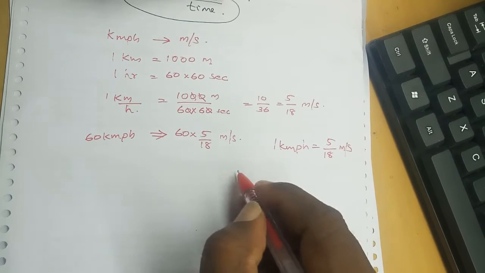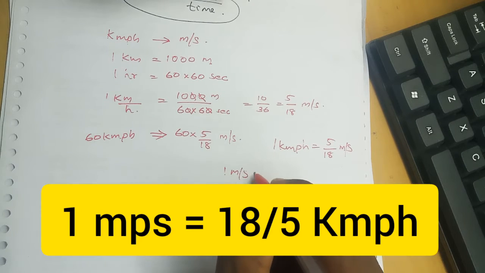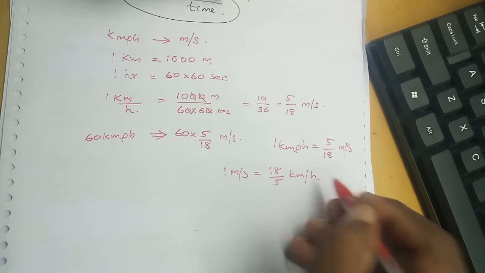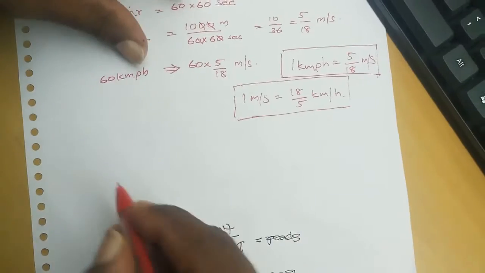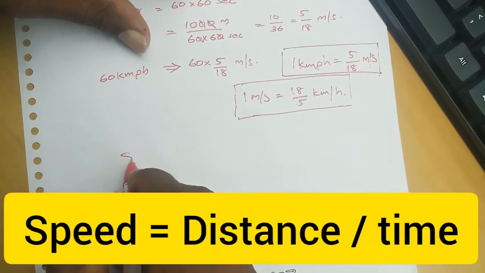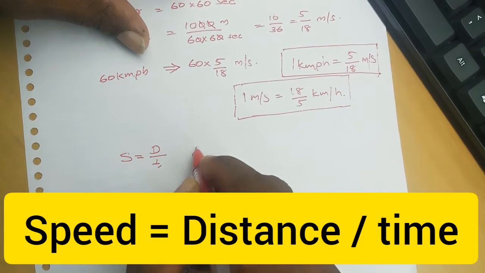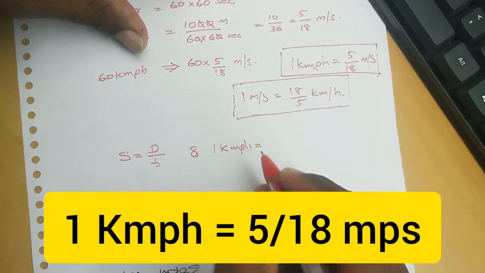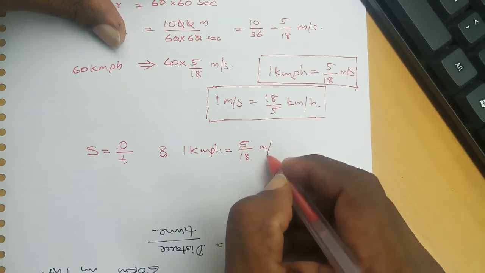So 1 meter per second is equal to 18 by 5 kilometers per hour. So remember, speed is equal to distance by time, and 1 kmph is equal to 5 by 18 meter per second.